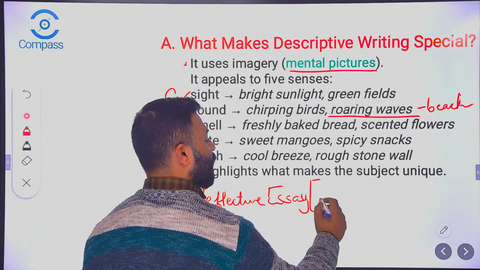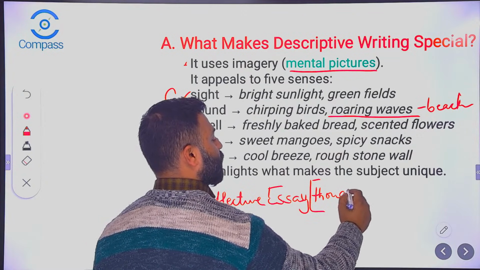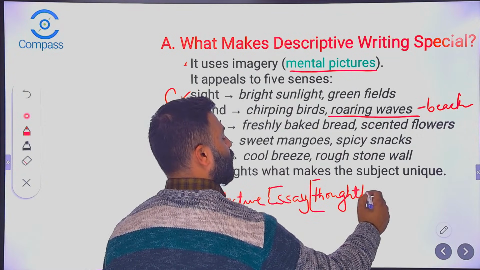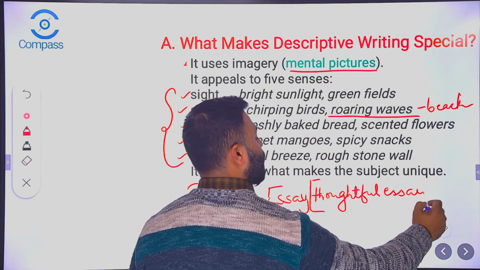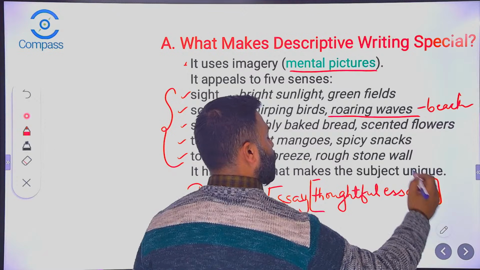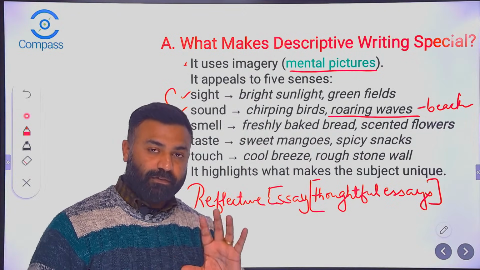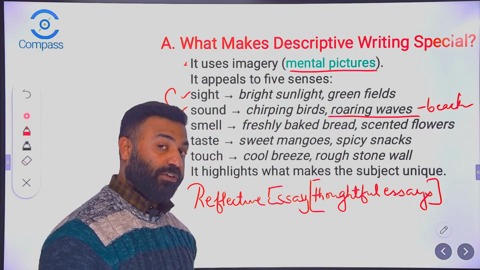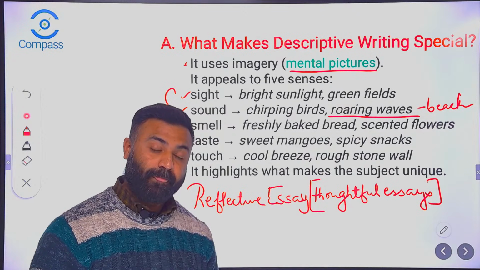What do they give you? They give you thoughts. Thoughtful essays. So right in the beginning, there were five. I have included one more: the reflective essay. What is it? A thoughtful essay.